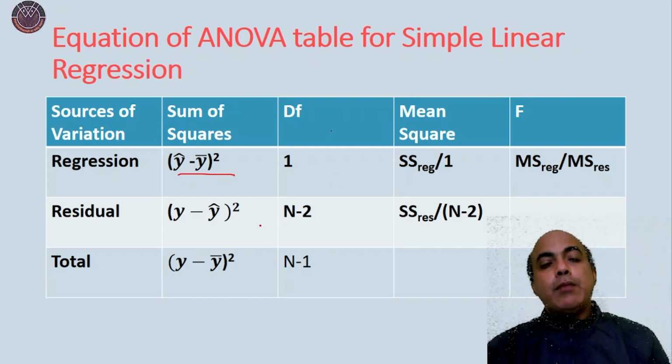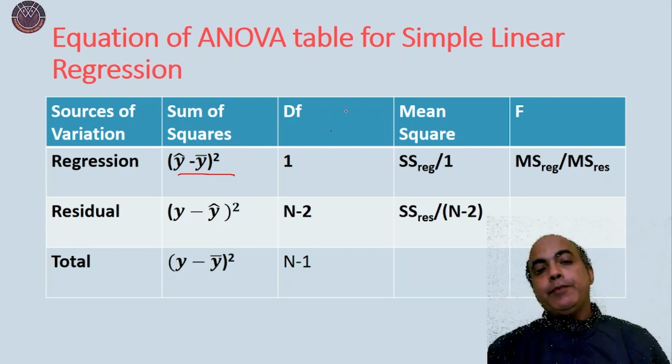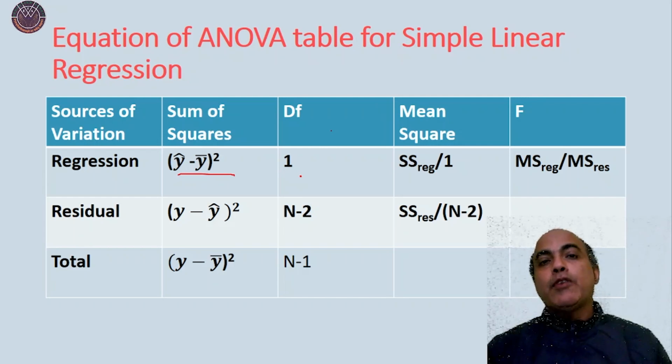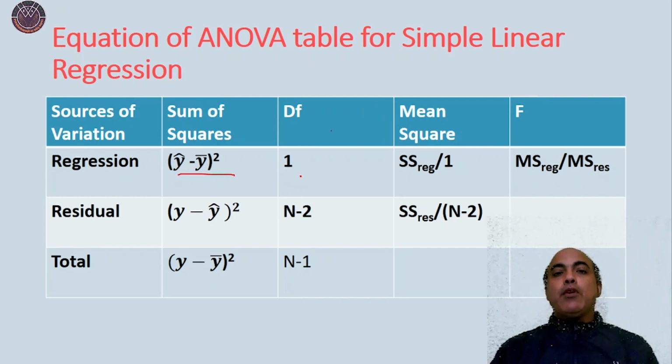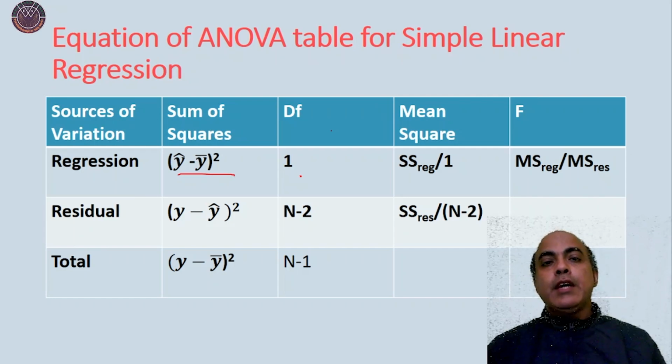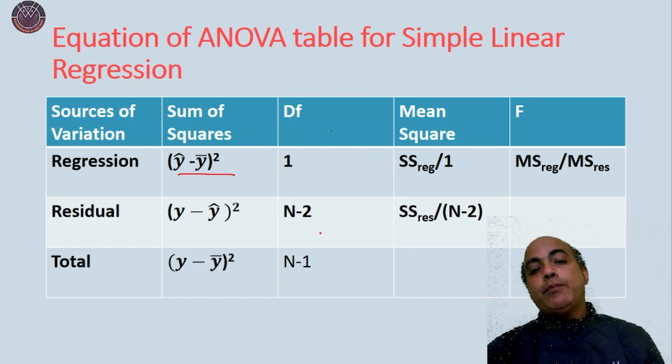The sums of squares I have already discussed. Let me discuss degrees of freedom. The regression degrees of freedom is the total number of independent variables involved in the study. Here we have only one independent variable, the number of study hours. The residual degrees of freedom is obtained from the number of values that we are going to estimate.